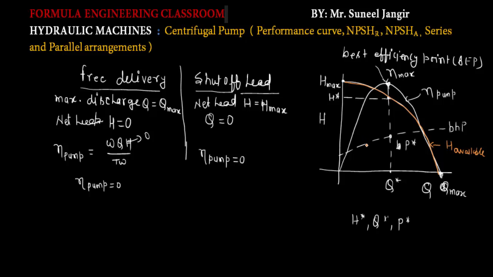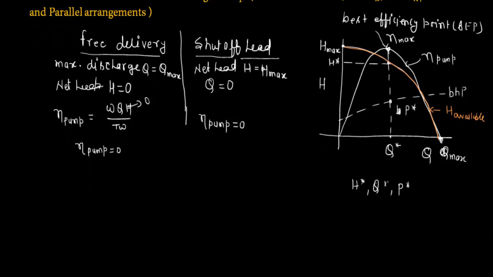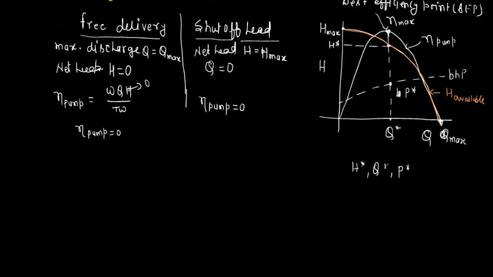Now suppose we have some piping system and we want to match that piping system to our pump, so that the piping system can easily work. In that case, the requirements of head are defined as head required.